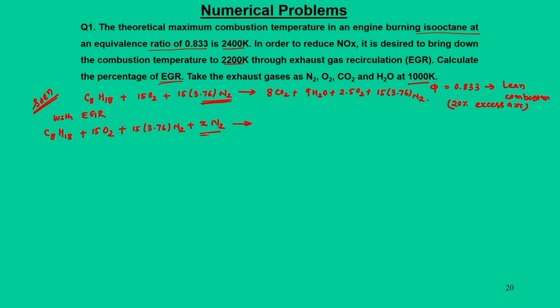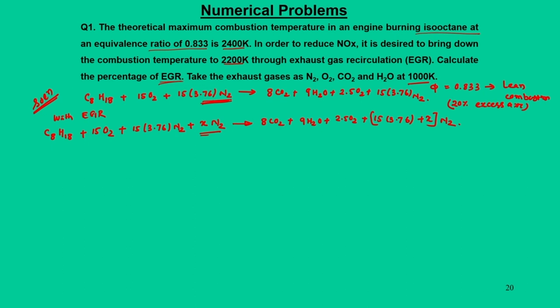How much N2 we are introducing into this system, we do not know, and it should also give 8 CO2 plus 9 H2O plus 2.5 O2 plus (15 times 3.76 plus X) times N2. So, this reaction needs to be handled properly.